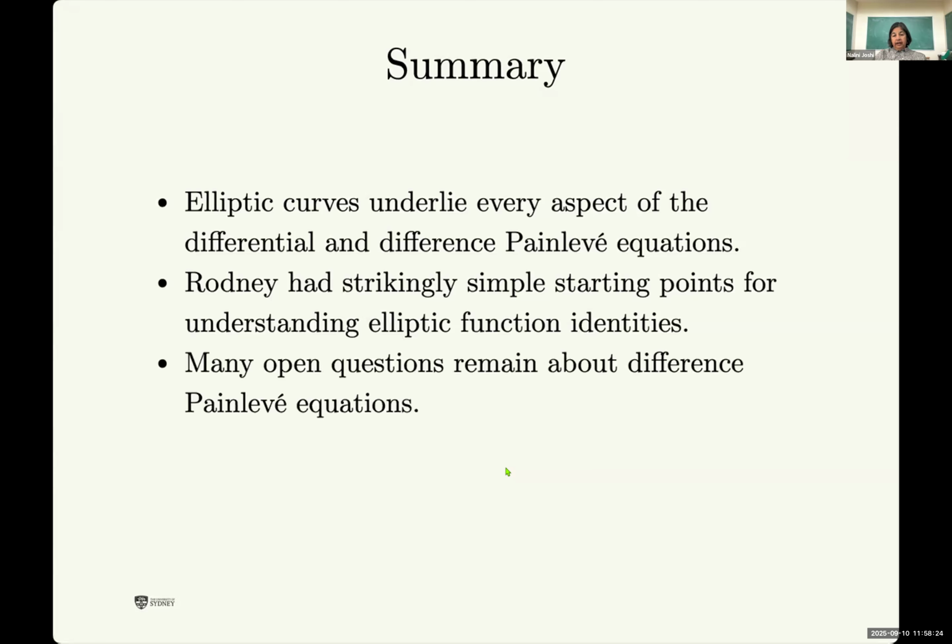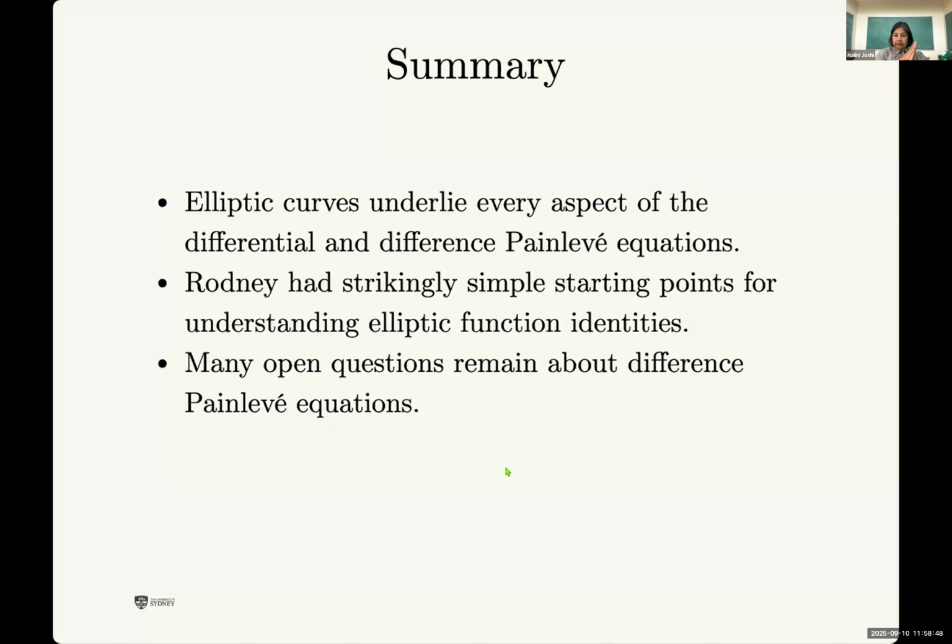Many open questions, I think, remain, in particular about the discrete or difference Painlevé equations. There are examples that seem at first glance not to fit in Sakai's diagram, but that turn out to be kind of like folded versions of the root systems in Sakai's diagram.